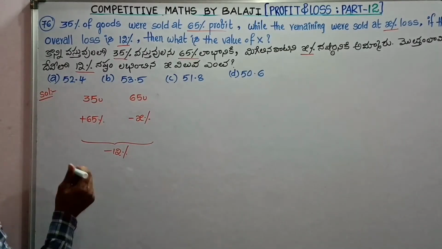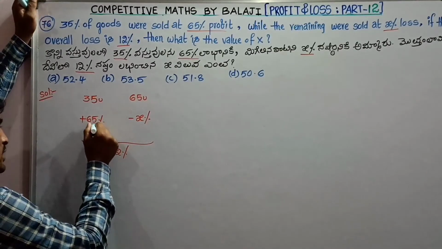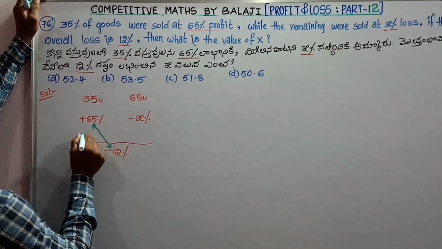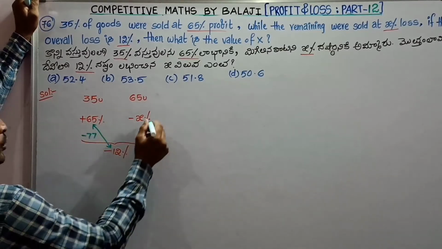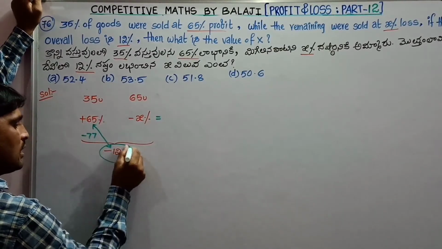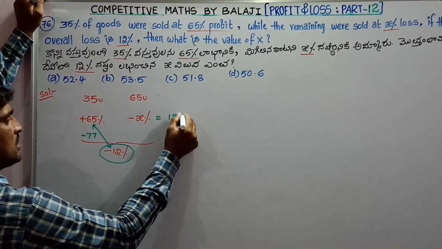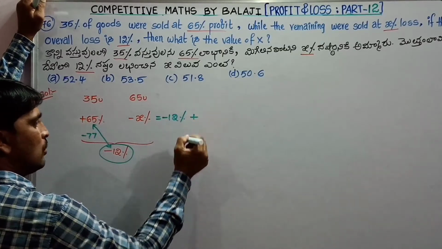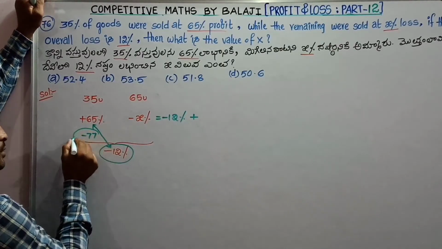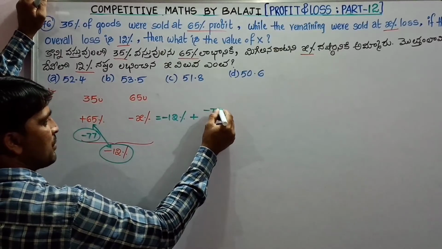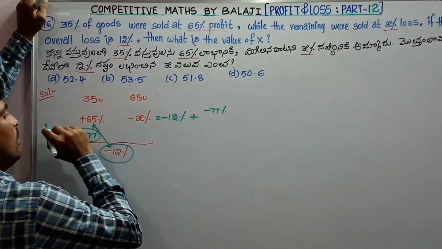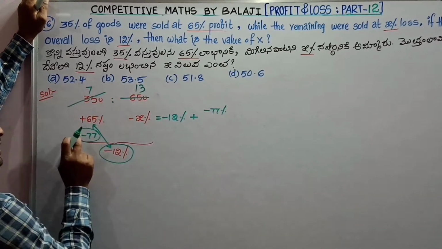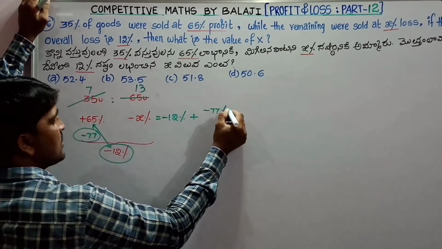So the difference, the deficiency, that is the difference of minus 12 and 65, is minus 77. To get an overall 12% loss, 12% loss is a must, as well as we have to cover the deficiency of minus 77%. 5 sevens are 35, so minus 77% deficiency on 35 units.